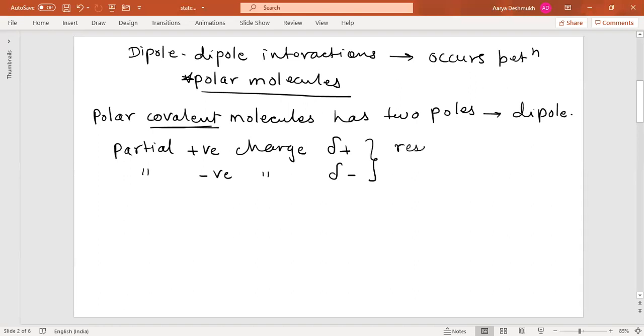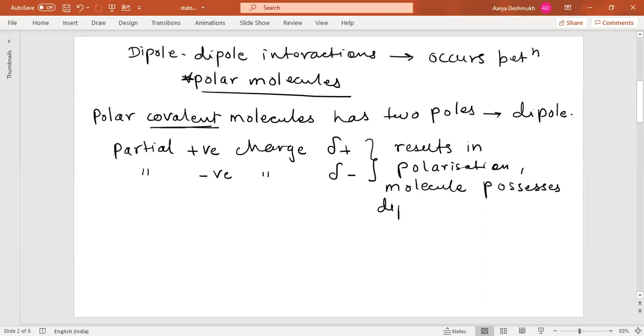It results in polarization, and the molecule possesses a dipole moment.